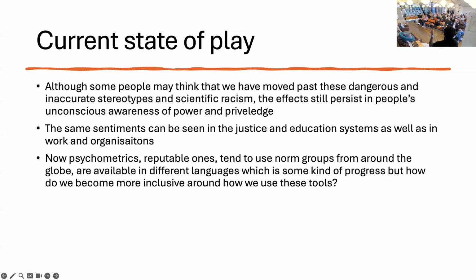Is that term in the psychometric a term that can be translated? Or are we trying to fit a square peg into a round hole type of situation? Because not all language is exactly the same. So that also needs to be looked at a bit more closely. So yes, I think we are progressing, but I would like to see more focus on things like psychometrics for neurodiversity.